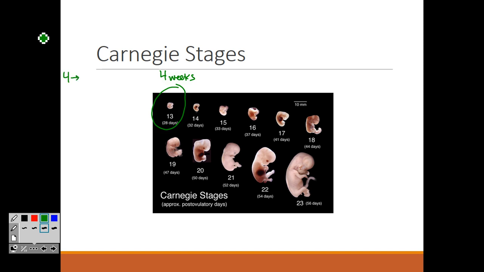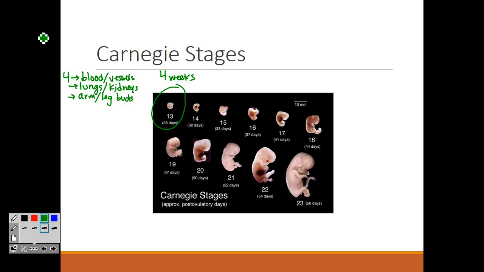In week 4, things that you will start to see are blood and blood vessels forming. Makes sense because we just formed the heart in the last one. This is where the lungs and the kidneys will start to form. You should also see arm and leg buds.